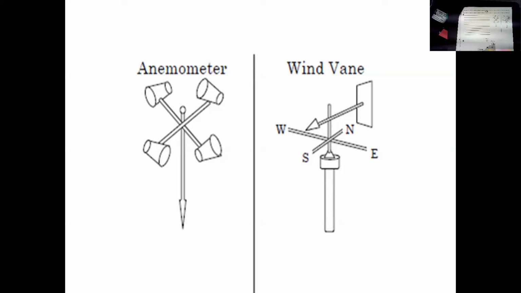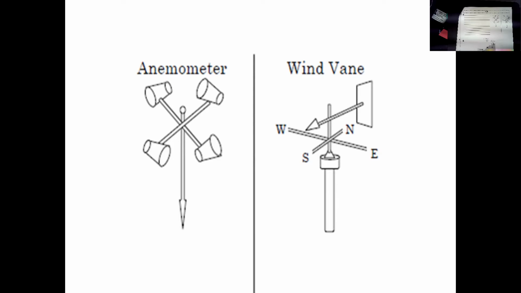I said this last week: every Regents I've ever seen has one question that says, here's a weather instrument, thermometer, barometer, sling psychrometer, or these guys. So every Regents will always have a weather instrument. You need to know the names of them: thermometer, barometer, sling psychrometer, anemometer, and a wind vane.